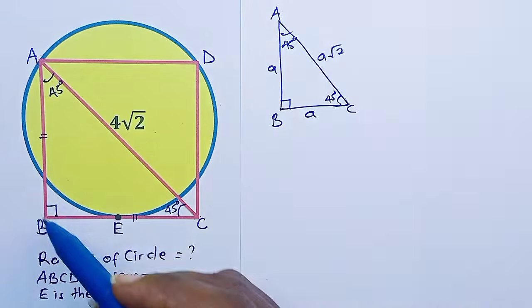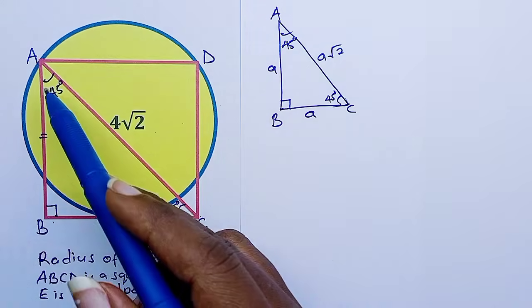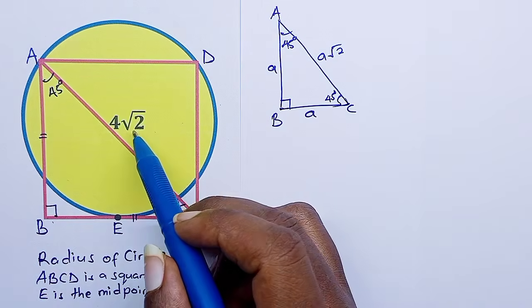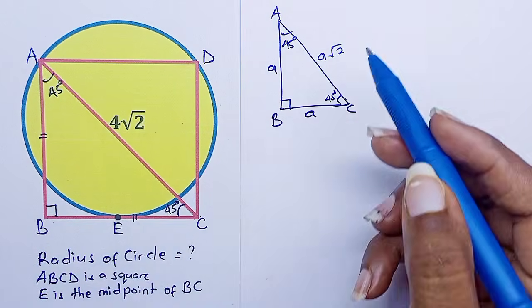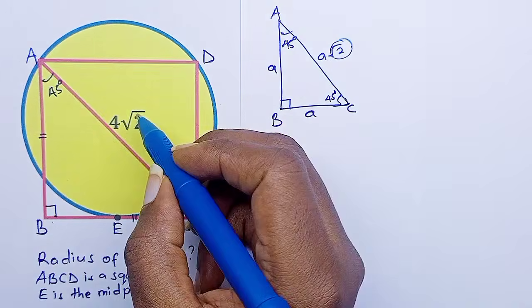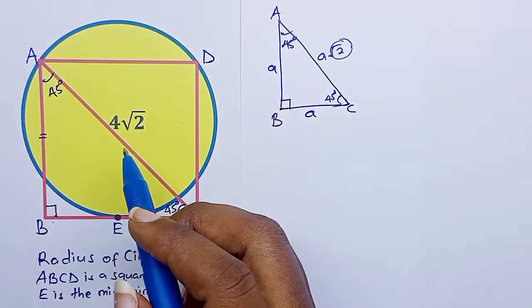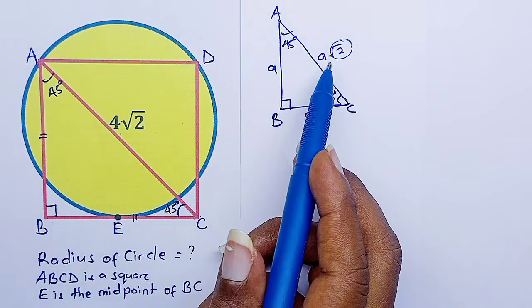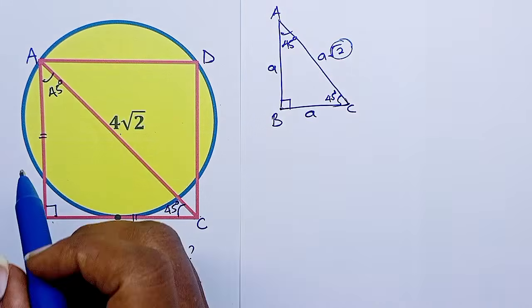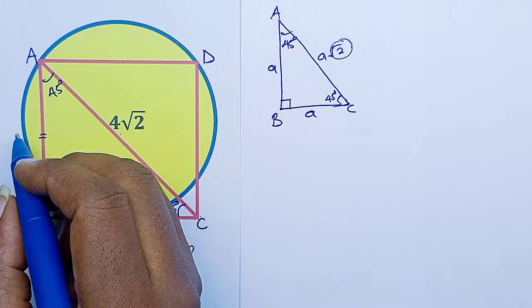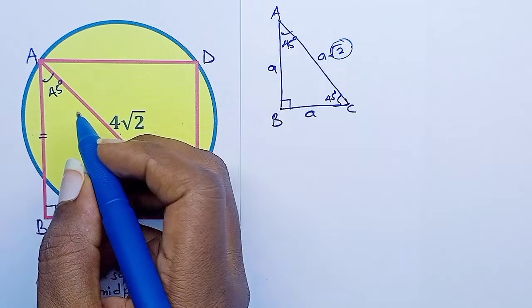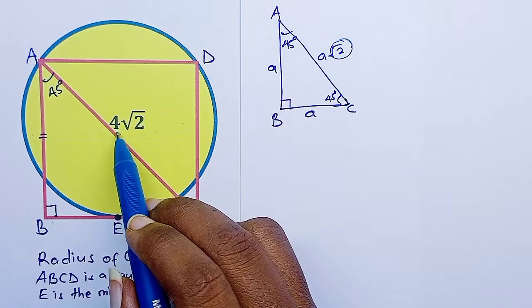Now, if we go back to our diagram, in our triangle ABC, we can see that this is 4 root 2. So the root 2 is already catered for, okay? So that implies that this 4 is our constant A. That means also this side AB is A, which in this case now is 4.